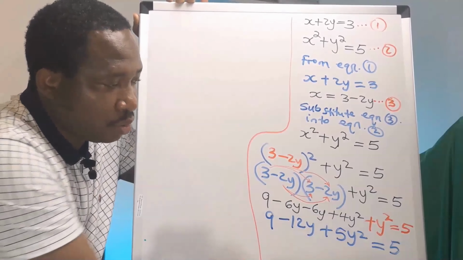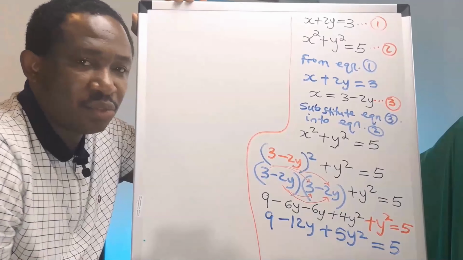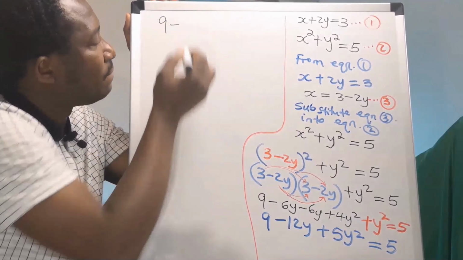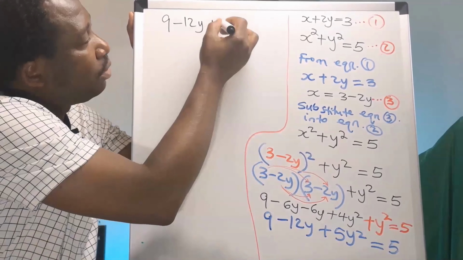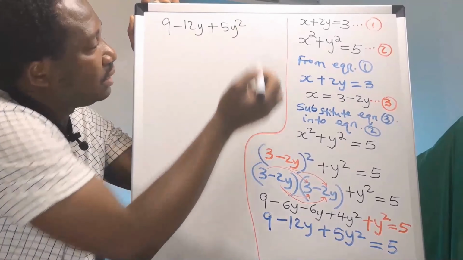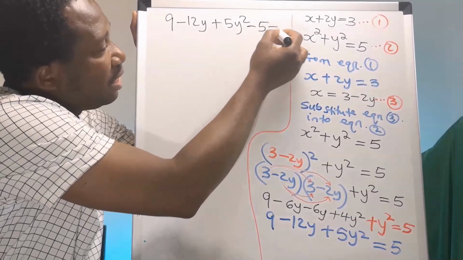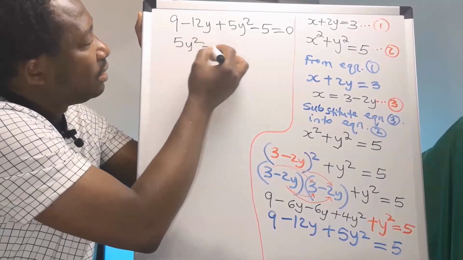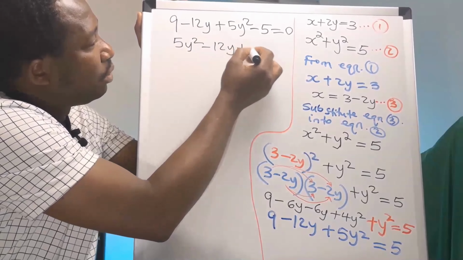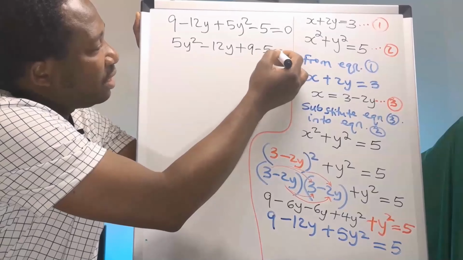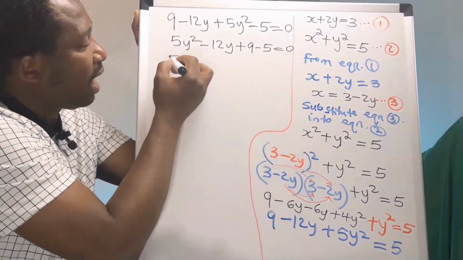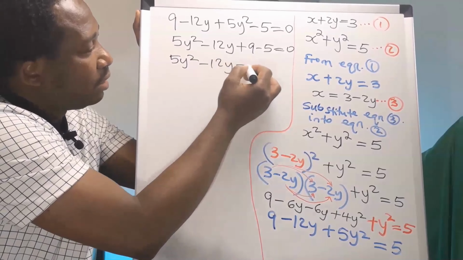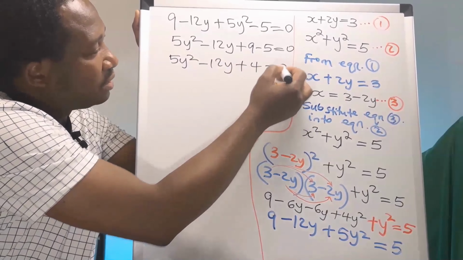Next, we move 5 over to the other side, and we have 9 minus 12y plus 5y squared minus 5 is 0. We rearrange to have 5y squared minus 12y plus 9 minus 5 is 0. Here we have 5y squared minus 12y plus 4 is 0.